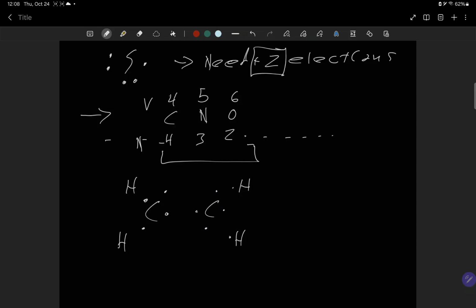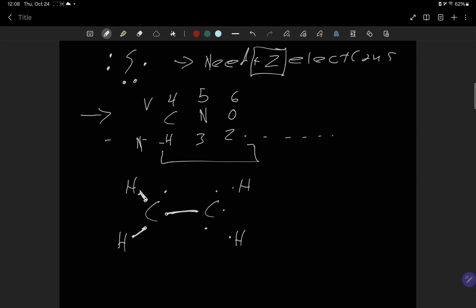Hydrogen has 1 each. And this is where, when we draw the line, just think of each end of the line as one of the electrons. But now that this is here, so this carbon now has 1, 2, 3, 4, and 5. Then I draw this one, now has 6. Then I draw this bond, this carbon has 7.